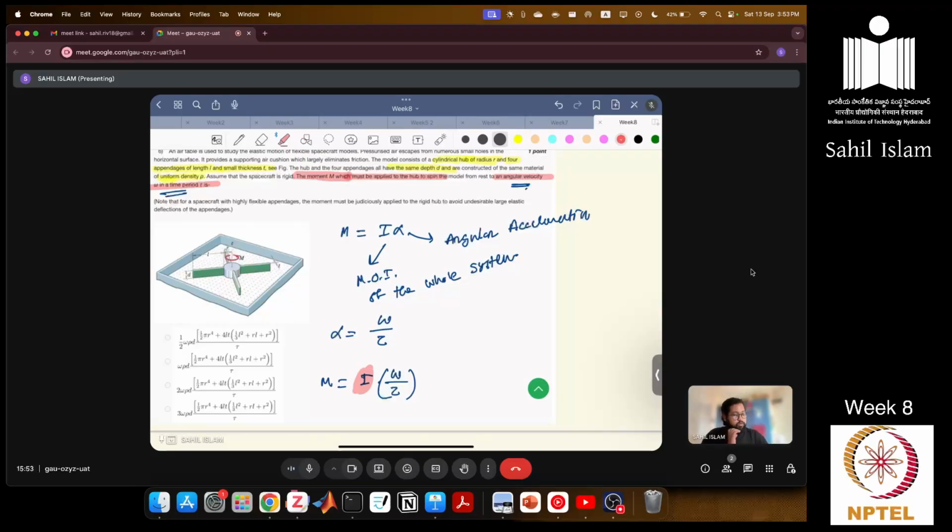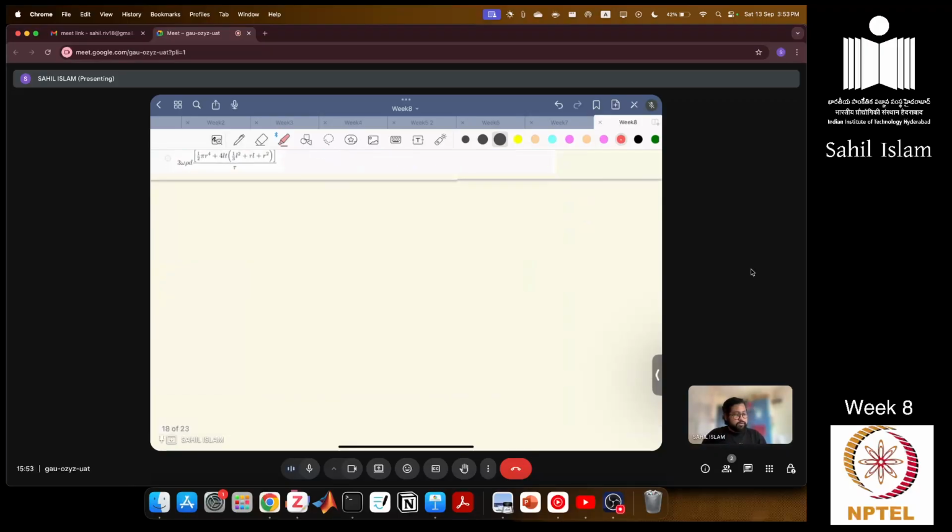Okay, so this system has several parts. Let's do it one by one. First we have a cylinder like this.